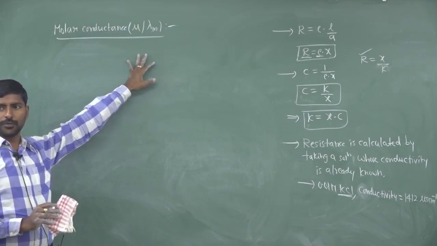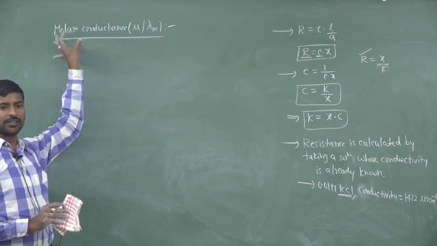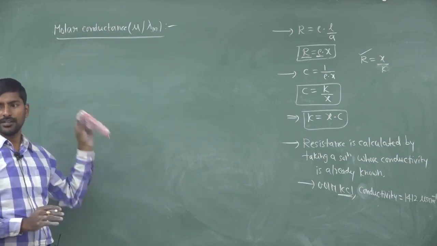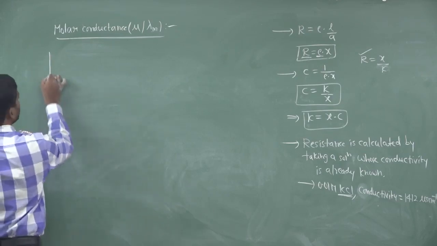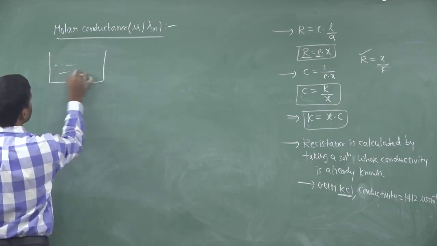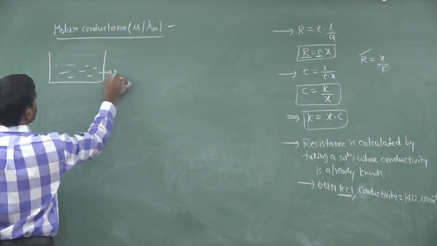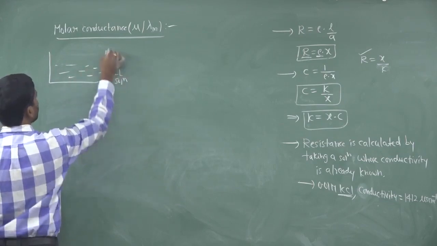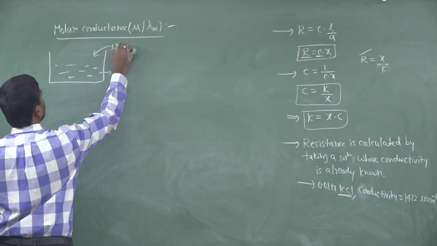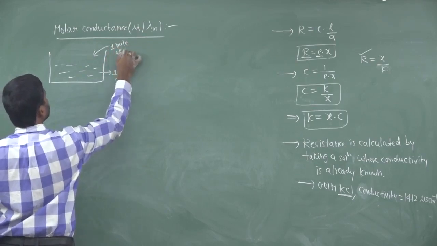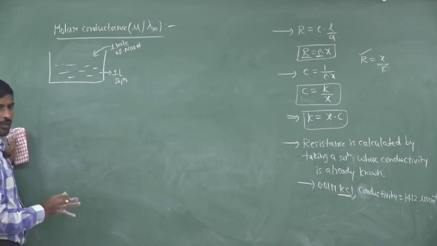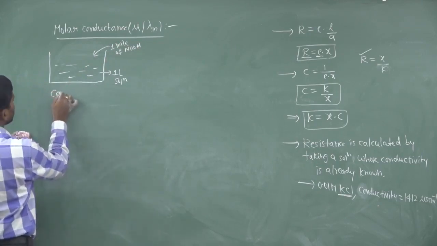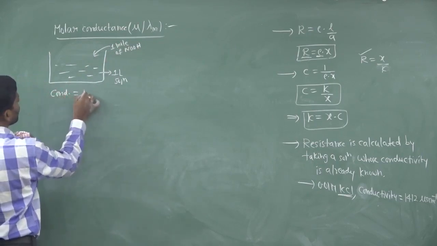Whatever may be the volume of solution, if the given solution contains 1 mole of electrolyte, then its conductance is called molar conductance. For example, I am taking 1 liter solution. In 1 liter solution, 1 mole of NaOH is present. What is its conductance called?